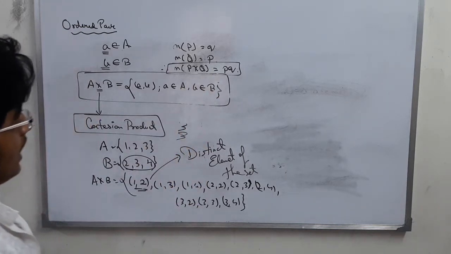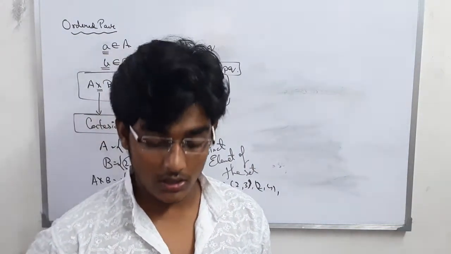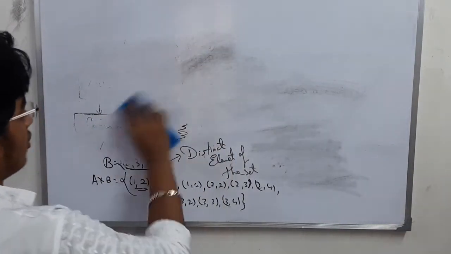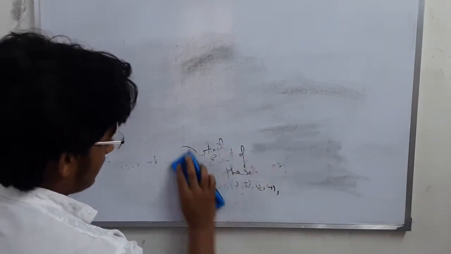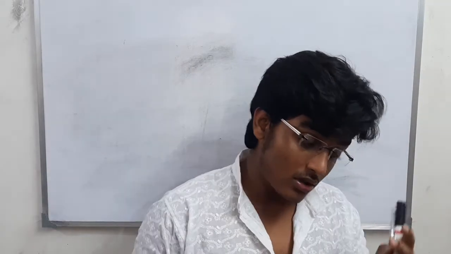Okay. So now we will be studying certain very important properties of Cartesian product, from which questions often come in all sorts of exams, competitive exams too. See, relations are most emphasized in your board exams.